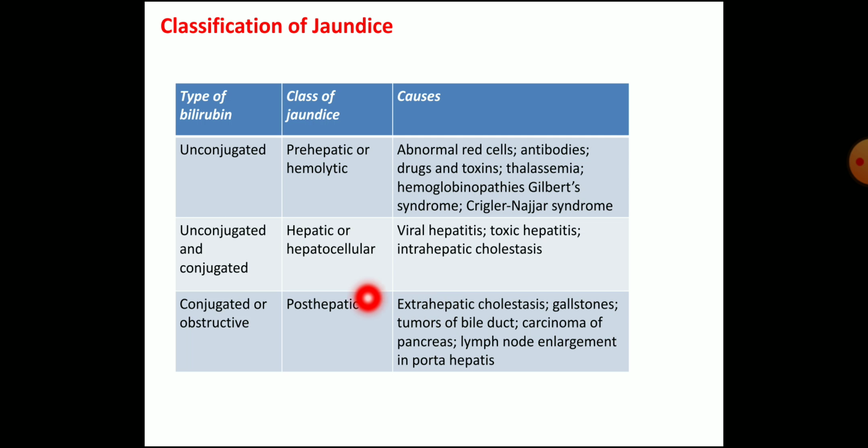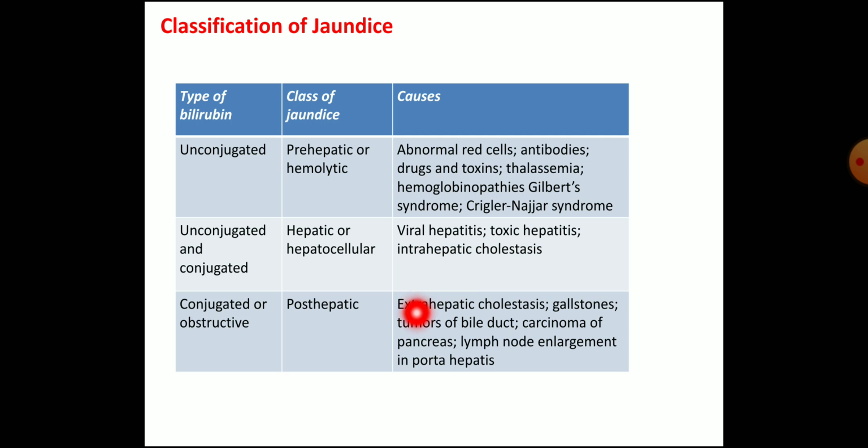Then the post-hepatic or obstructive jaundice, where there is obstruction, producing extrahepatic cholestasis, for example gallstones, tumors of the bile duct, stricture of bile duct, carcinoma of the head of the pancreas, and lymph node enlargement in the porta hepatis. In all these conditions, after conjugation, the bilirubin cannot be excreted to the intestine.